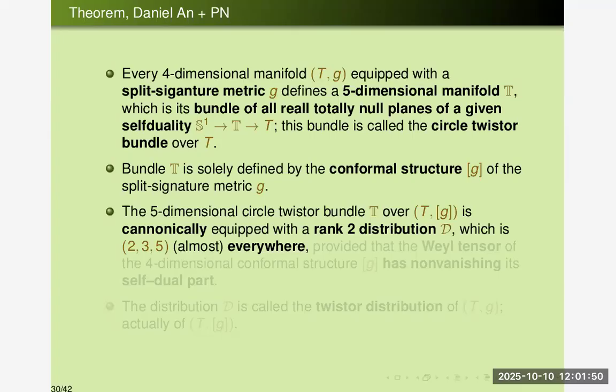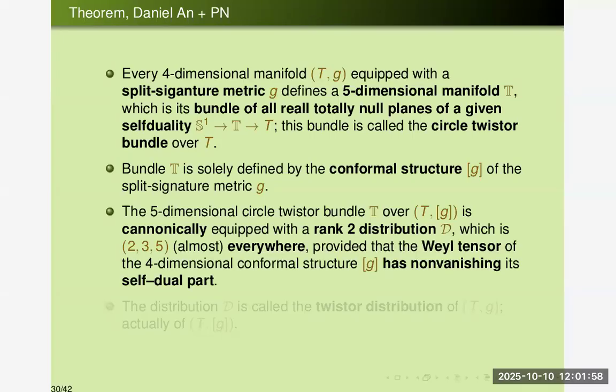And this distribution is 2, 3, 5 almost everywhere, provided that the Weyl tensor of the four-dimensional conformal structure has non-vanishing self-dual part. This distribution D is called the twistor distribution of this conformal structure.